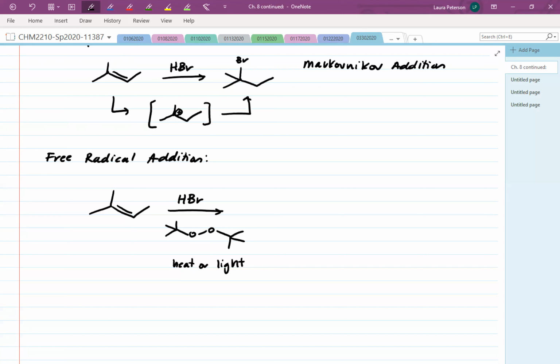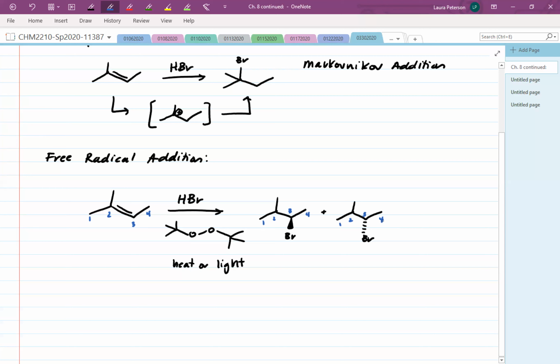What I want to do next is draw the products of this reaction. The products that we form end up being addition of Br to the less substituted side. We still added HBr across the carbon-carbon double bond, but let's count our carbons in the starting material so we can see in the products where we added those groups. Notice that we added the halide at position 3, which was the less substituted side of our alkene.